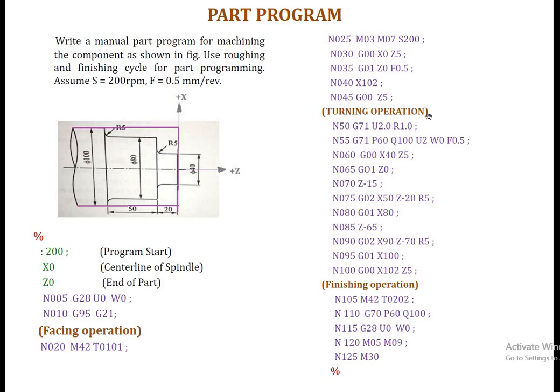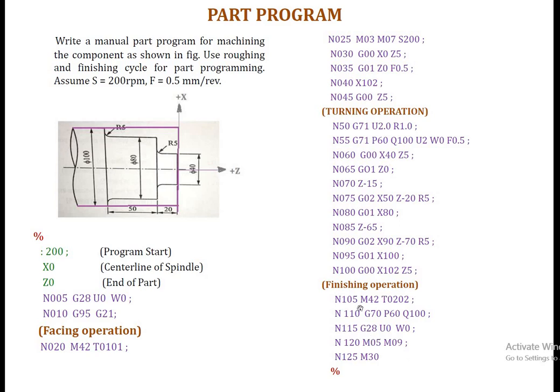So the complete operation takes place by using this cycle. This is the turning operation using the turning rough cycle. Now we'll move towards the finishing operation. Whatever we have seen so far is for the rough turning cycle. Now we'll go for the finishing operation. For the finishing operation we need another tool, so we change the tool.